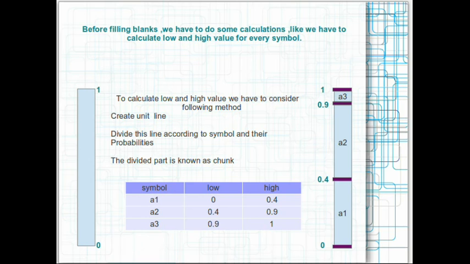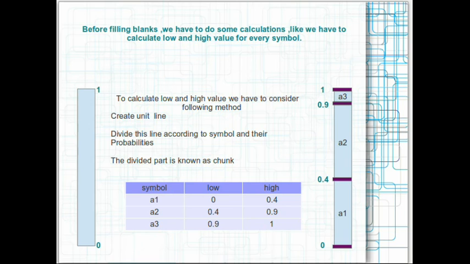Now we get three different parts of the line, A1, A2, A3, and these parts are also known as chunks. So this is the chunk of A1, this is the chunk of A2, and this is the chunk of A3. Now we have to define the low and high range for each symbol. So we prepare a simple table where A1, A2, A3 are the symbols. How do I get these low and high values? These also come from this line.